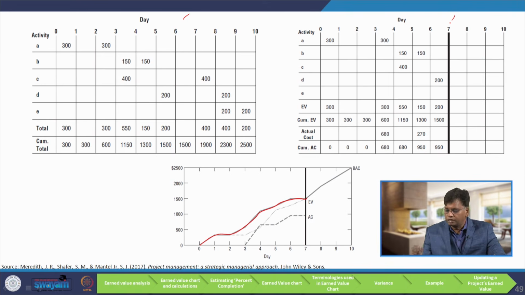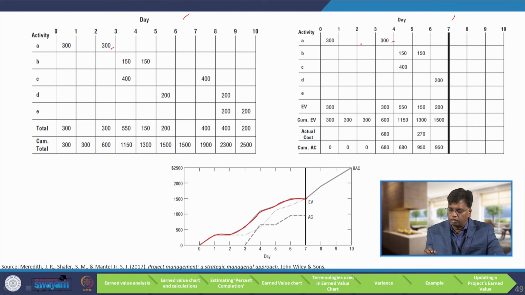On the 7th day we are going to measure our earned value and actual cost. On the 7th day, what has happened is that activity A is delayed by 1 day. Instead of the 3rd day, it is now pushed to the 4th day. So, the earned value is also 300, and the cumulative earned value is 300, but on the 4th day, because we pushed it 1 day late, that means 1 day ahead on the right hand side.